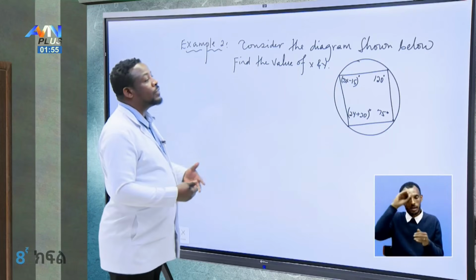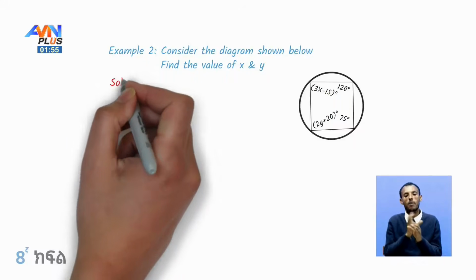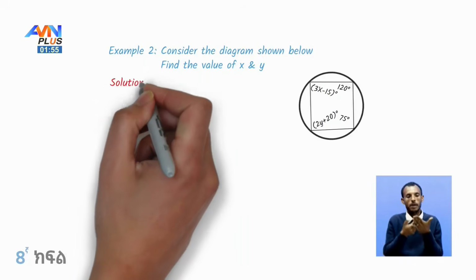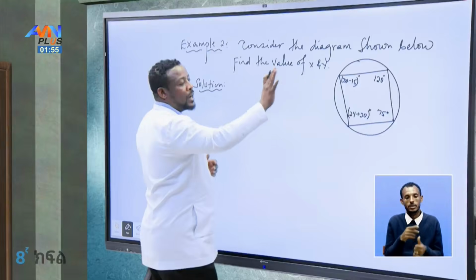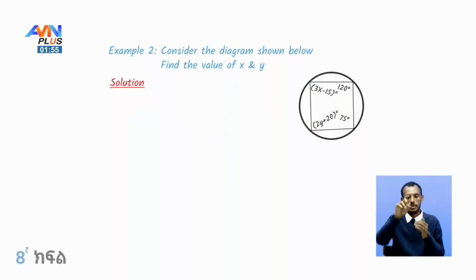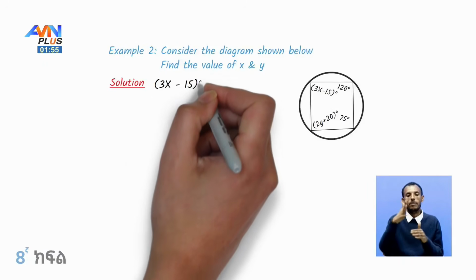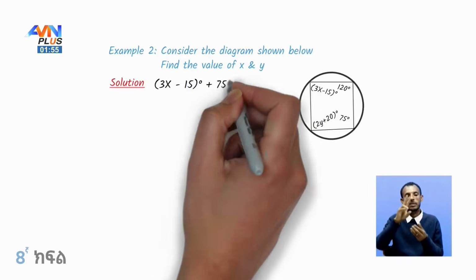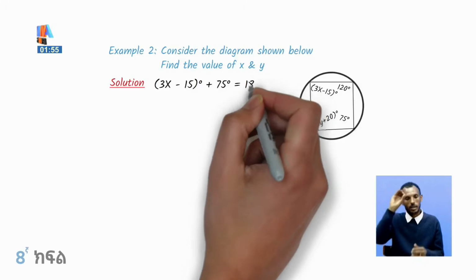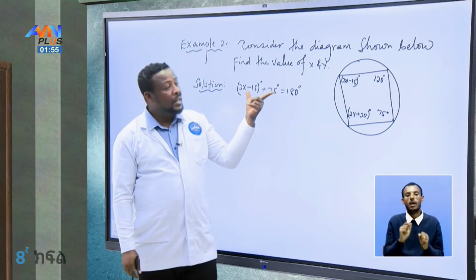So based on that, we can calculate the unknown variables. The first equation is 3x minus 15 degrees plus 75 degrees must be 180 degrees.